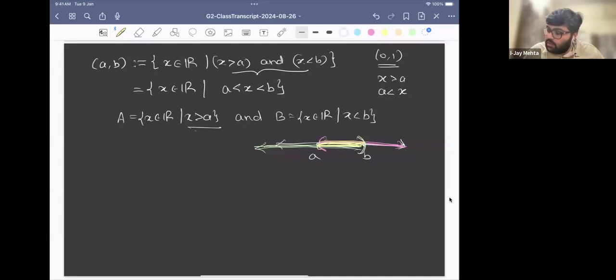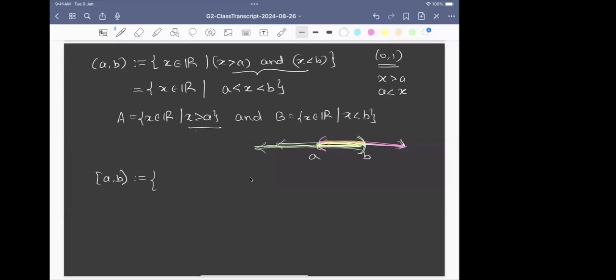Okay, what about this? How do I write this? Some are not even clicking. Aman, room number 9. Yes, sir.